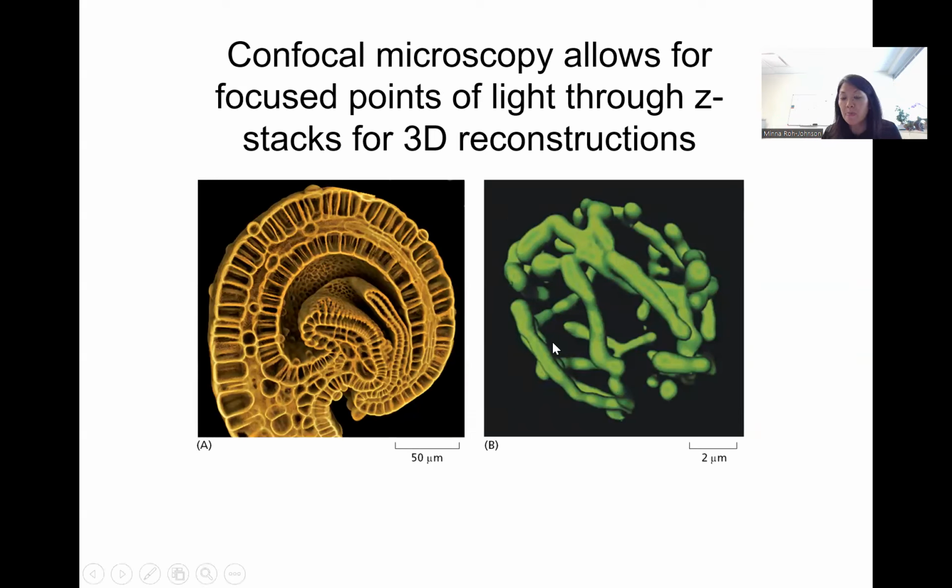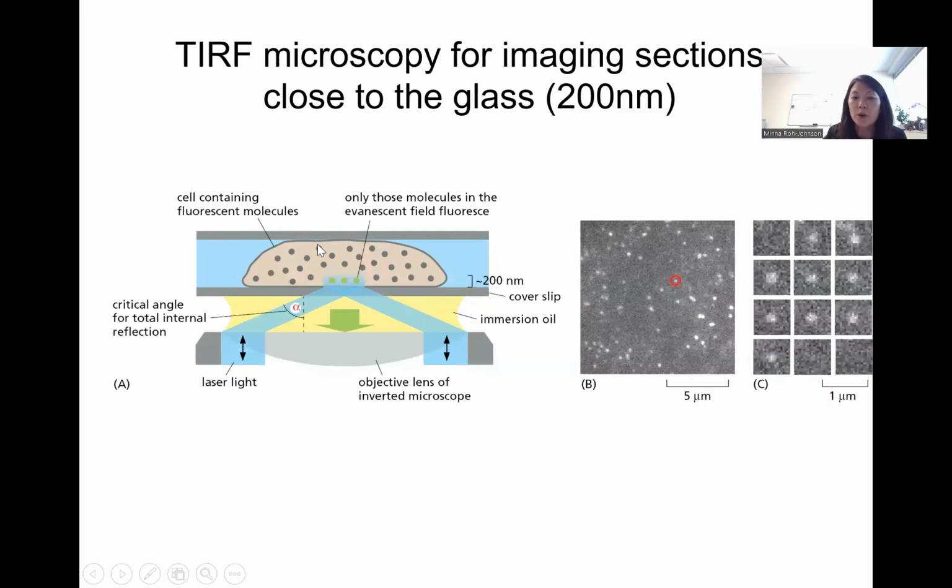So that's shown here, a network that, in any individual plane, you would just be taking a slice through it. But as you go through that specimen with confocal imaging and reconstruct it, you can reconstruct the 3-dimensional image.